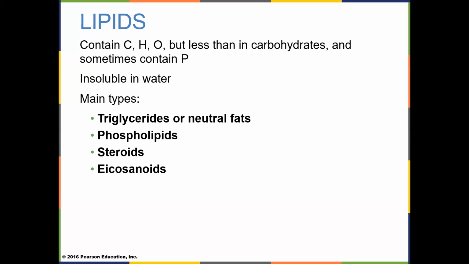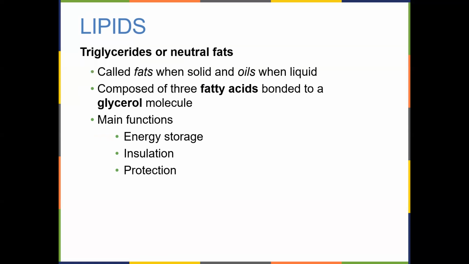And then we have the eicosanoids. The eicosanoids are a type of lipid that we use to help control inflammation in our bodies.